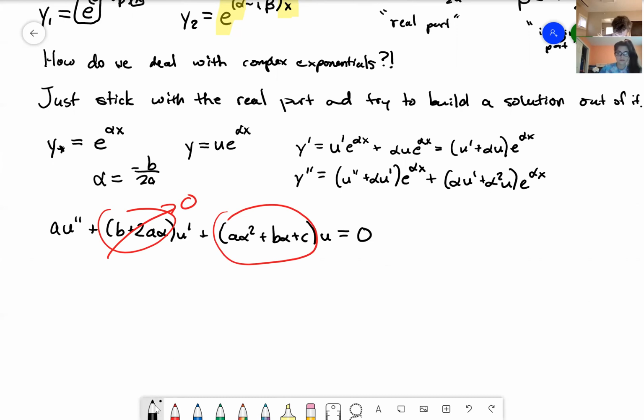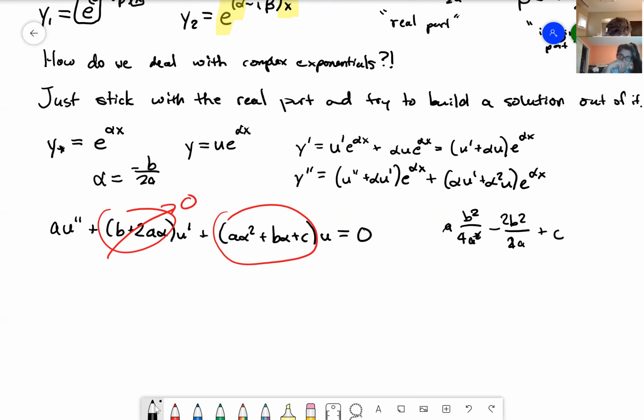Now we're left with this part right here, and we can figure out what this is. So alpha squared will be b squared over 4a squared times a, plus b times alpha, so that's minus b squared over 2a, plus c. And we have to do a little bit of work here. So this a cancels with this a.